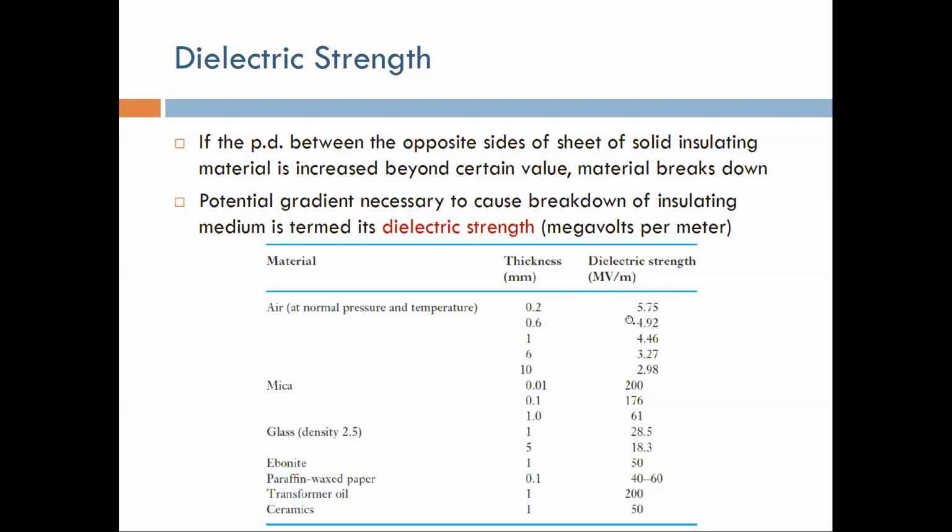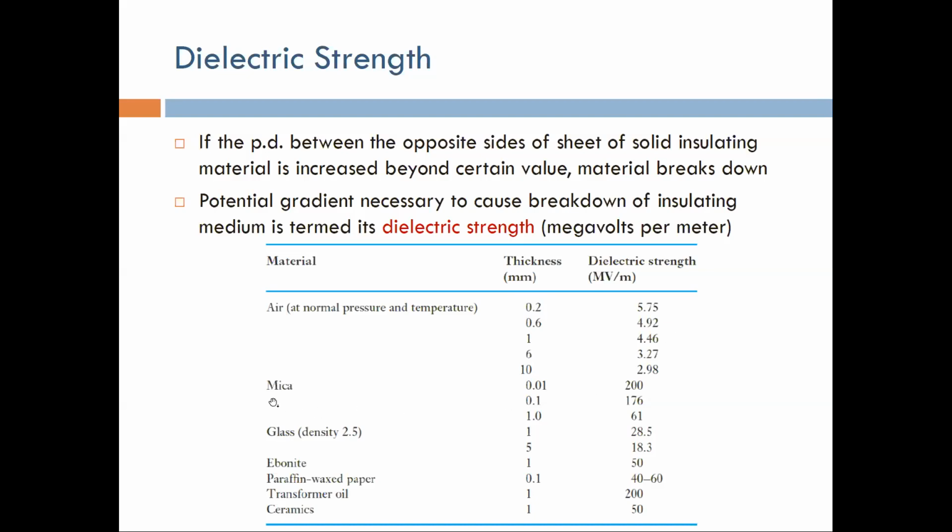If you put that voltage across this distance, you will have arcing. Arcing means that you will have breakdown of air, and you will have flow of current through the air across this particular gap. As you see here, for air, you have very small values.